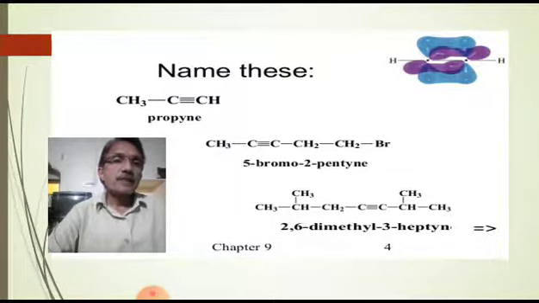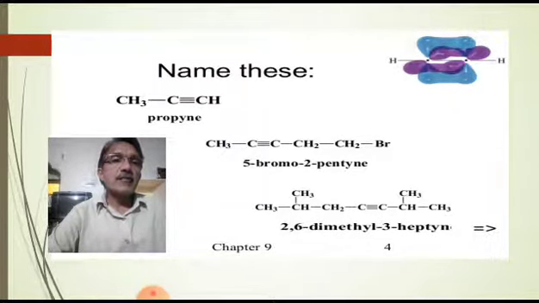Second example, CH3, C triple bond C, CH2, CH2, Br. Here, two functional groups are there. One is Br, another is the carbon-carbon triple bond. But the carbon-carbon triple bond must be given the preference. So numbering must be done from left to right only.